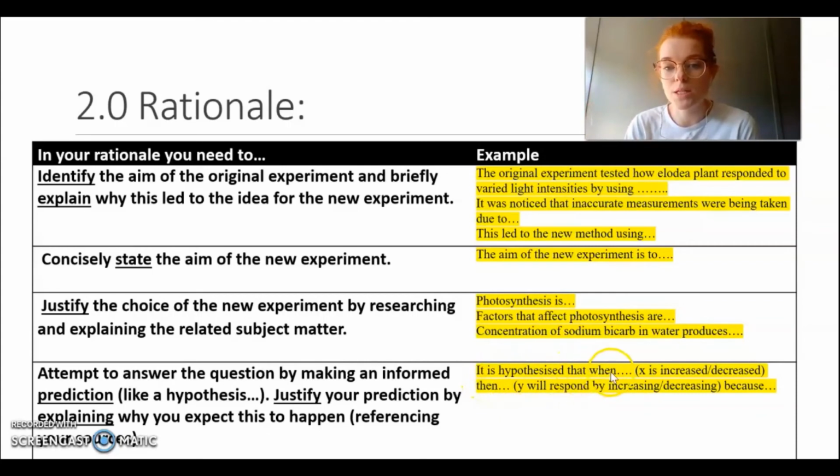So it is hypothesized that when, whatever you're increasing or decreasing, don't just say changes. You need to be specific because in your analysis and your conclusion, you are responding to this hypothesis. So if you say, yes, it changed, then that's not specific. That's not you showing that you actually know what you're talking about, okay?